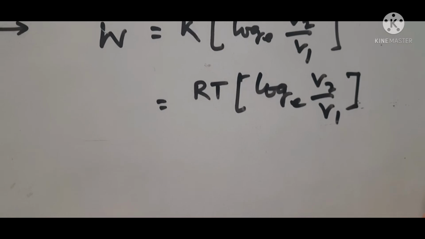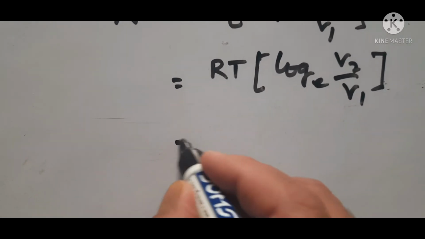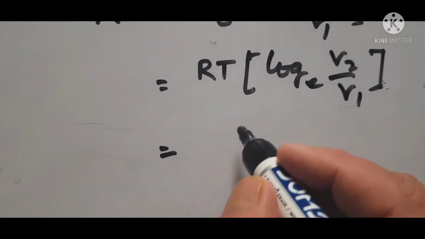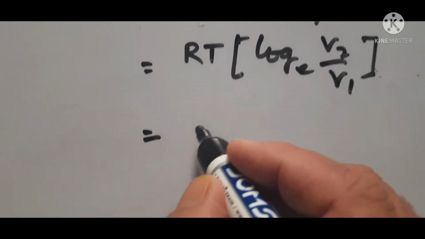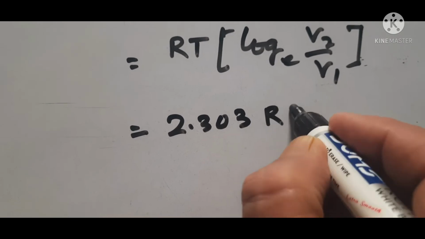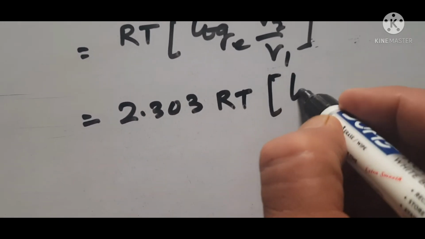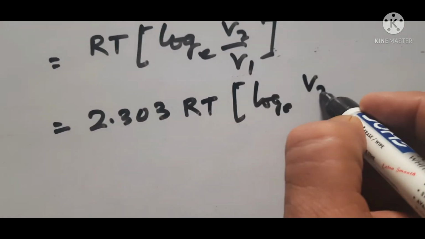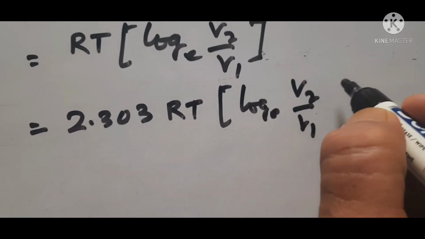Now base e is there. So we can change base e into base 10 by just multiplying by 2.303. So 2.303 R into T within bracket log 10 V2 by V1.